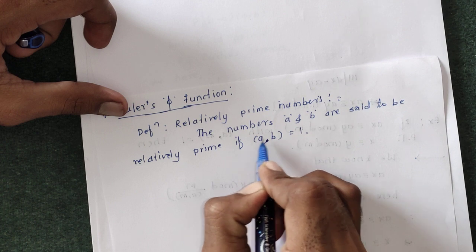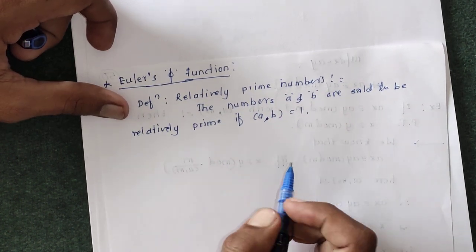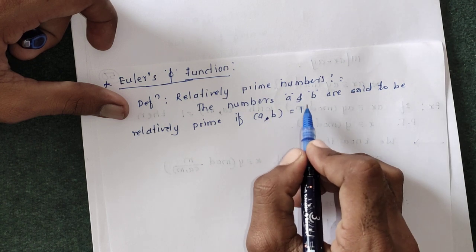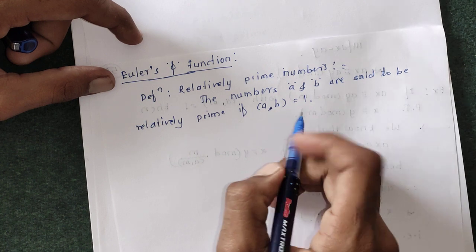This is just a recall from our FYBSc. If the GCD of any two numbers is 1, then we say that these two numbers are relatively prime, that is, there does not exist another divisor greater than 1 which divides both of them.